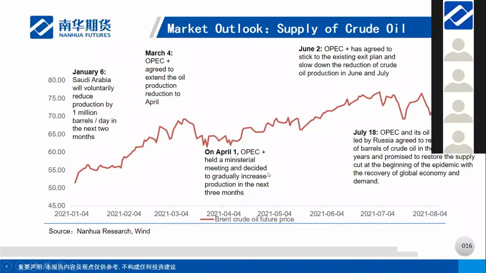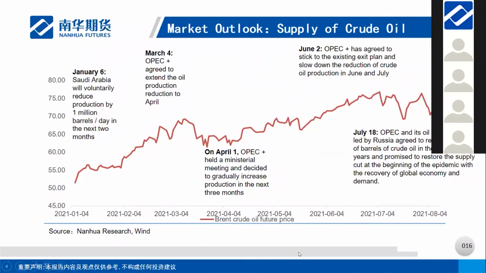By 2021, the OPEC Plus production reduction agreement has entered its third stage. Due to concerns about the drag of the epidemic on demand recovery, OPEC Plus has maintained a high implementation efficiency of production restriction.